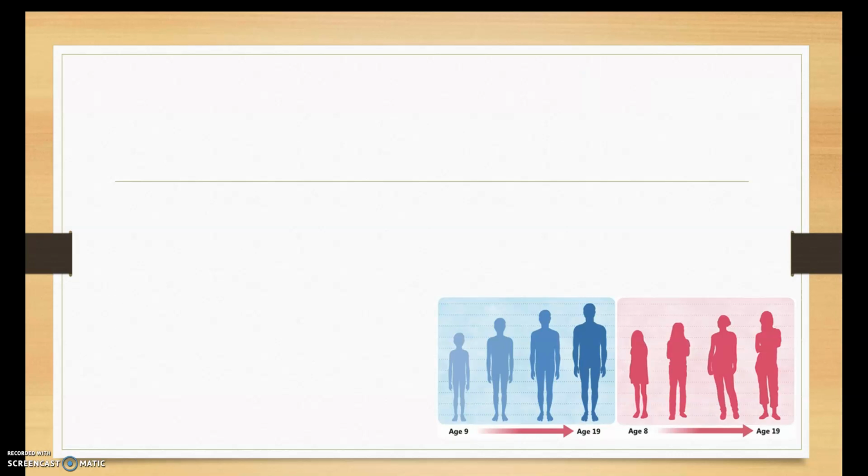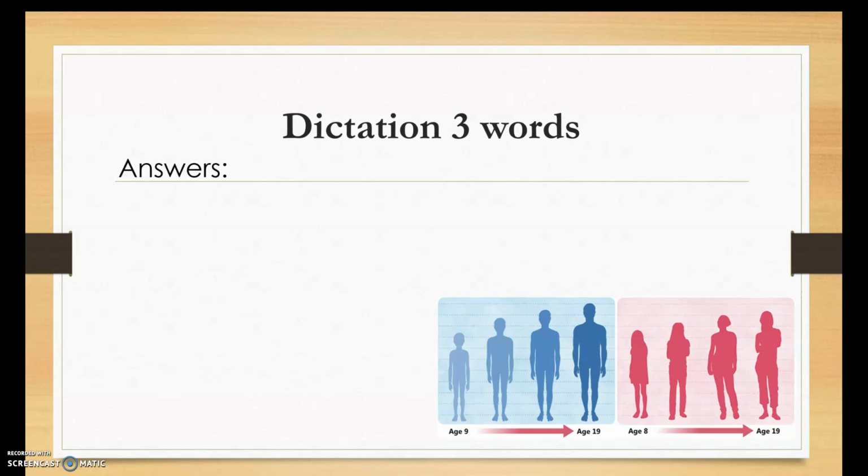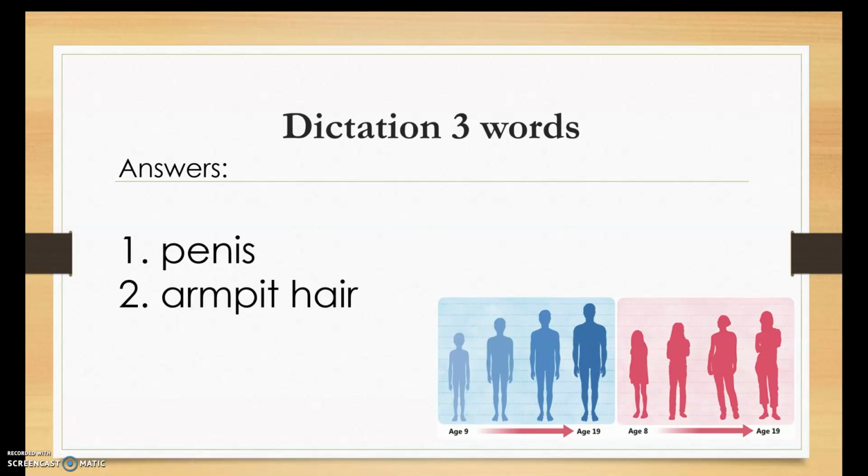Okay, now let's check your answers. Bring out your red pen for checking. If your answer is correct, please put 1. And if your answer is incorrect, copy the correct answer. Okay, number 1. Let's read together. Penis. P, E, N, I, S. Number 2.